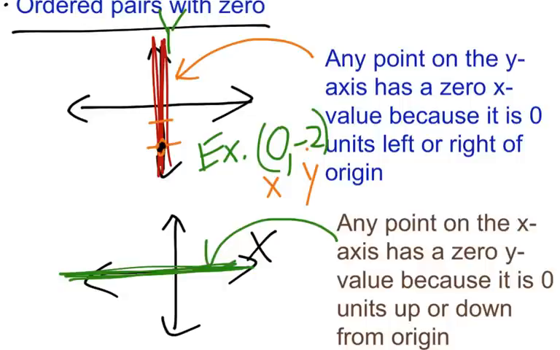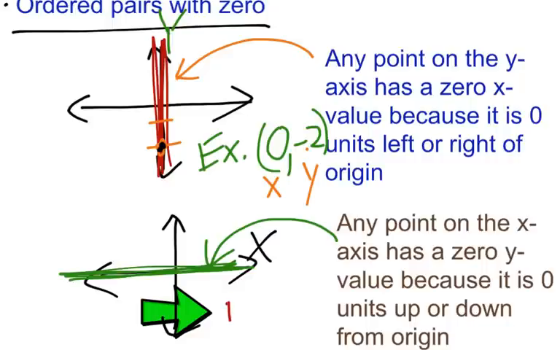And any point that's on the x-axis has a 0 y value because it is 0 units up or down from the origin. In other words, any point that's on this line does not go up or down in relation to the origin. It's on the same level. That's why the y value must always be 0, no matter where it is.